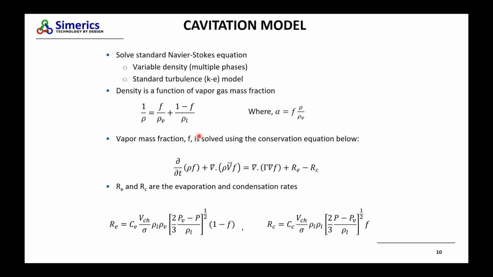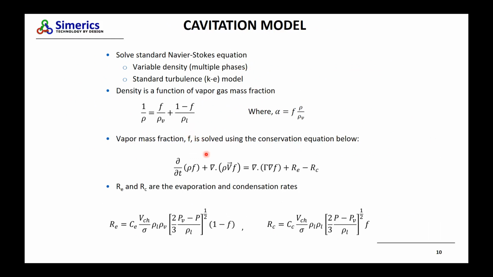So in our cavitation model, we solve the standard Navier-Stokes equation with variable densities with multiple phases, and we have a standard K epsilon formulation for the turbulence. Density is essentially based on two components, right? Based on the vapor and the liquid, based on their respective fractions.